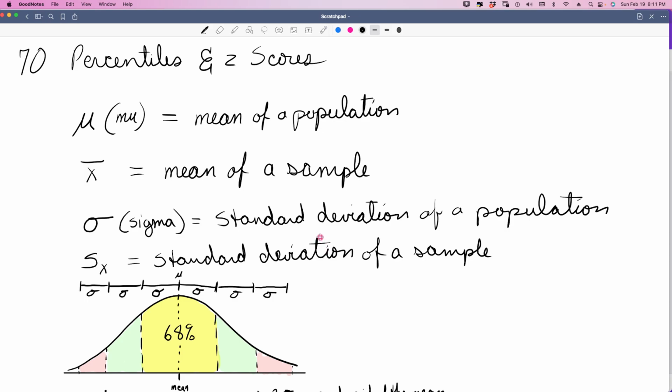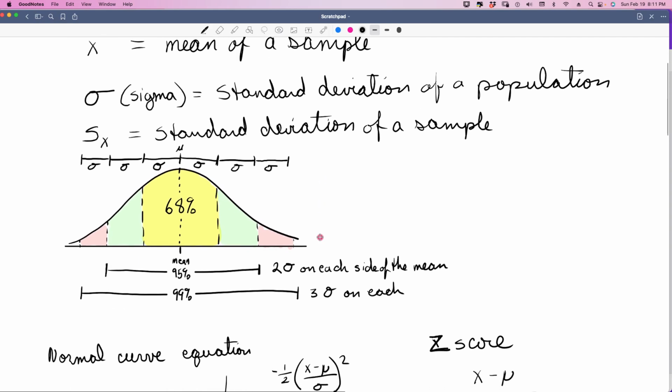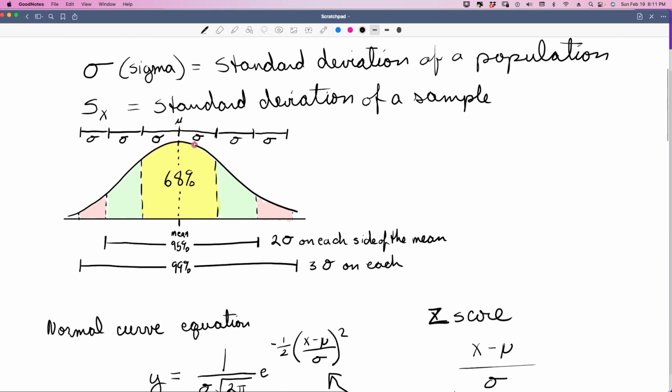So remember our standard deviation map and how it works. We have our mean right here. One standard deviation on either side of the mean is going to give us 68% of the values in that population. Two standard deviations on either side of the mean give us 95% of the data.